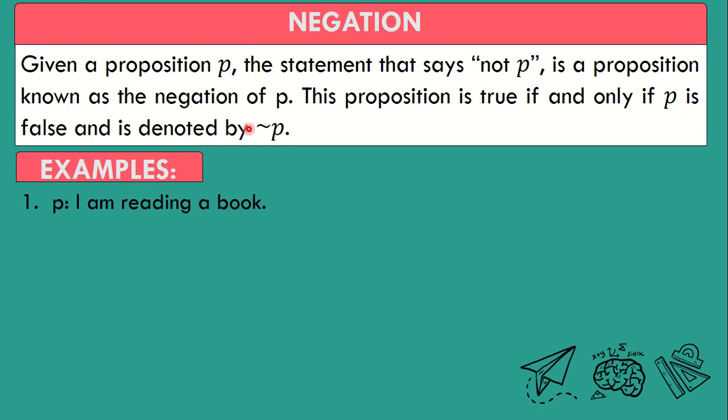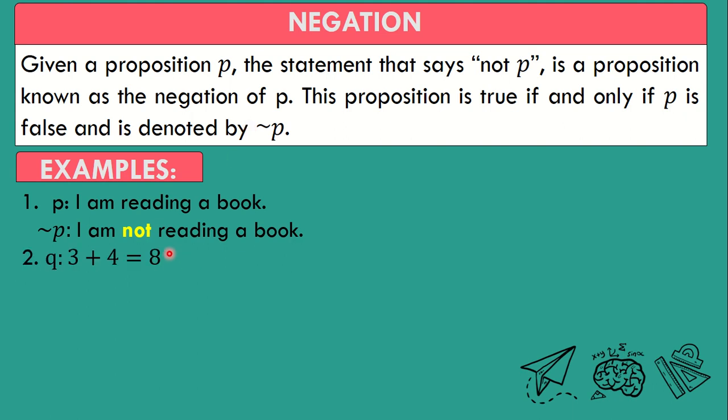Now let's have an example. We have proposition P, I am reading a book. If we're going to have the negation, we have I am not reading a book. Let's have another. 3 plus 4 is equal to 8.